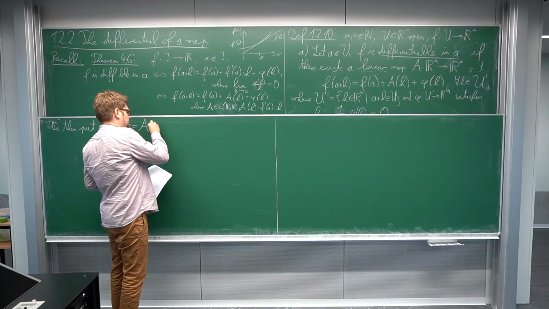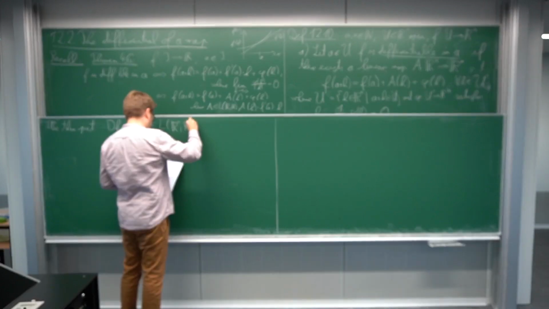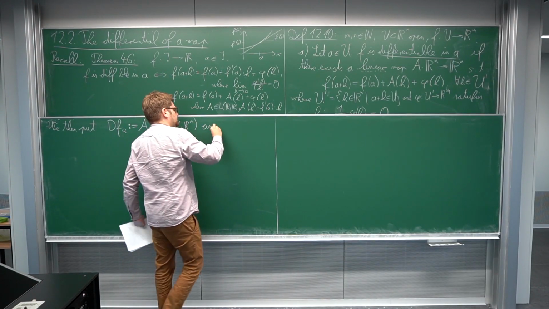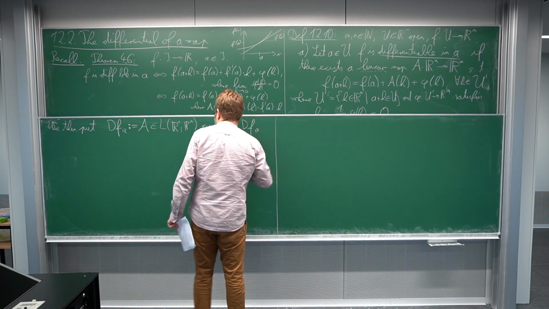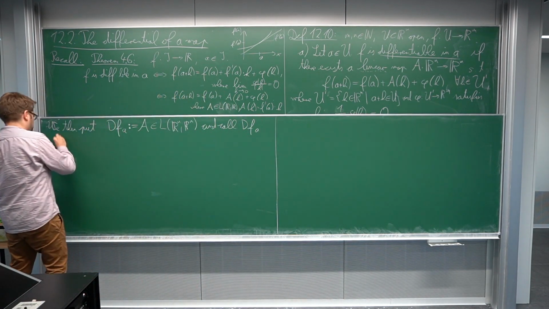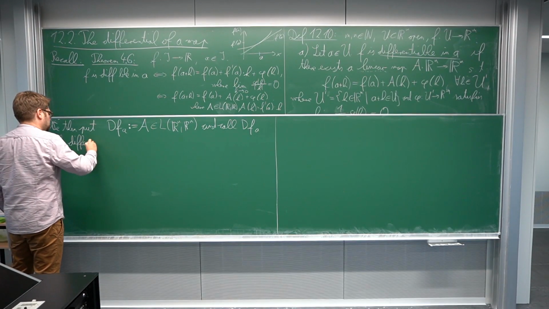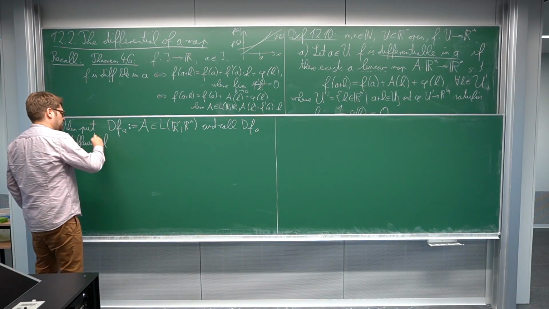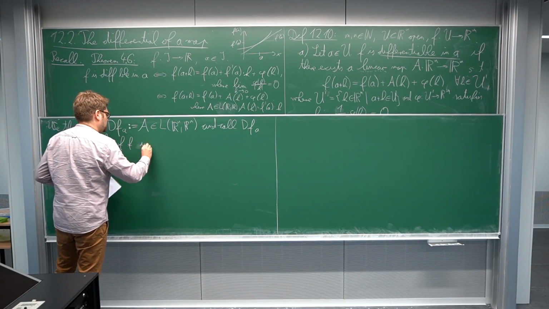So as an object, it's a linear map from R^n to R^m. And we call d f a the differential of f in a.